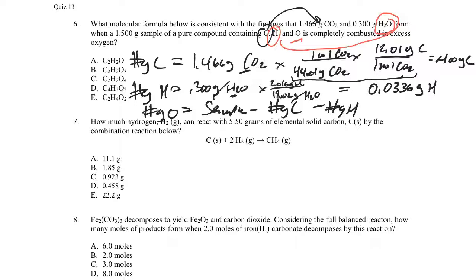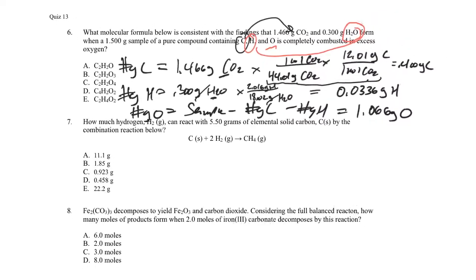Okay, now we're really not super close to solving the problem per se, other than we can get the grams of oxygen by difference by subtracting from the sample mass. We're told we had a 1.5 gram sample, so minus 0.4 grams of that is carbon, minus 0.0336 grams that's hydrogen, leaves behind 1.066 grams that's due to the oxygen.